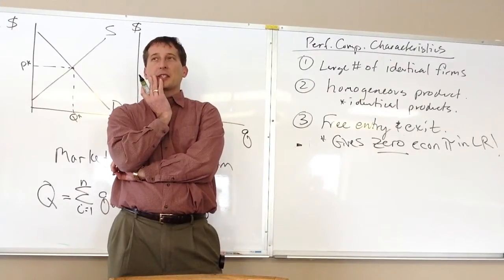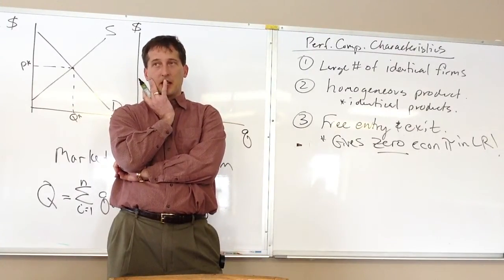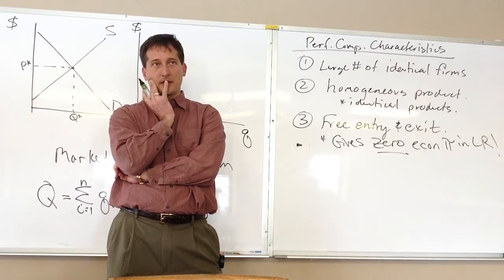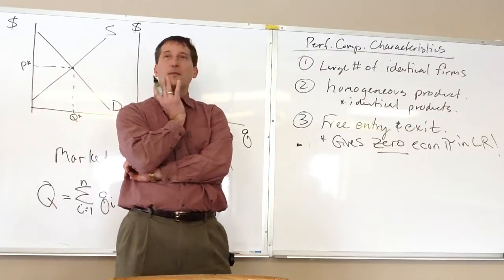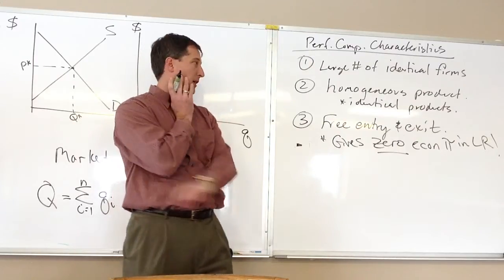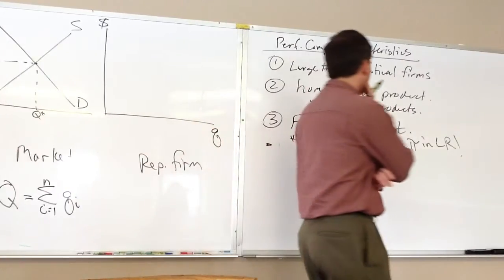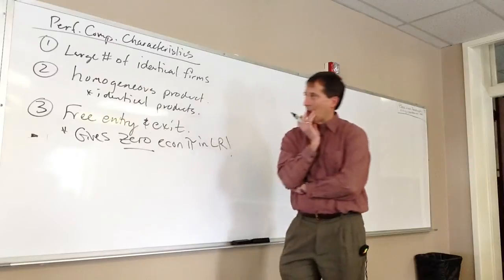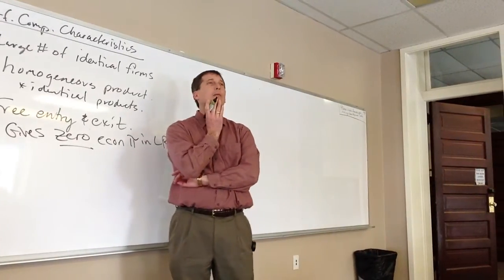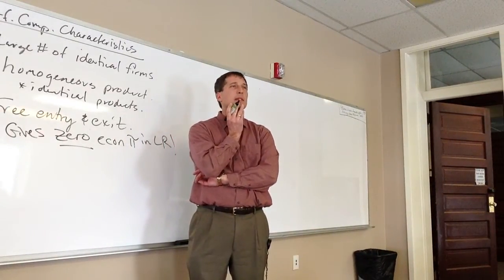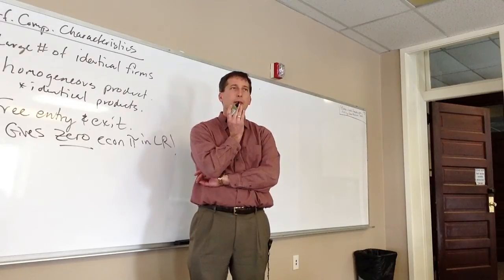So, thinking back to earlier today, we had a long run average total cost curve. How could that be helpful to think about this condition? What did we do earlier today? We did the economies of scale, and what did we solve for? The quantity. That quantity was 150 in that example, right?